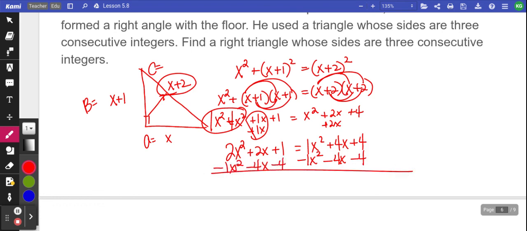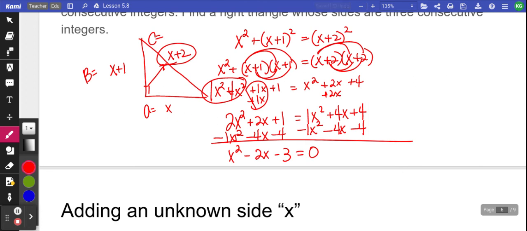For a final answer of x squared minus 2x minus 3 equals 0. Now that we've done all that, we can finally factor this, and it does not have a window method. So what are things that multiply to be 3 and subtract to be 2? 3 and 1. Sign chart says the bigger one gets a negative.